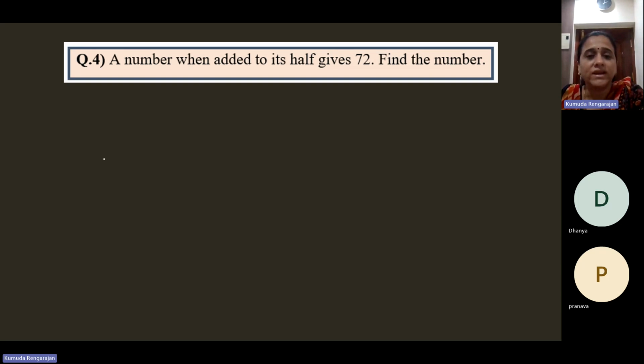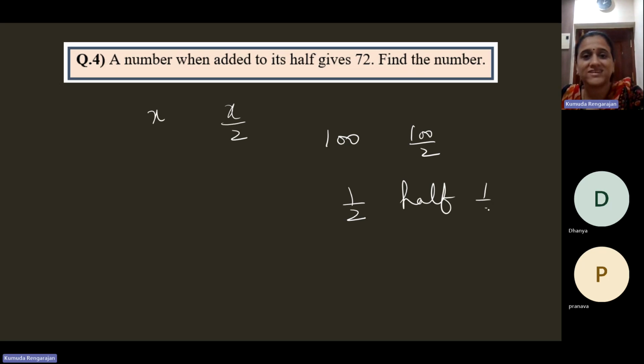A number when added to its half. So if the number is x, its half is x by 2. See, if the number is 100, its half is 100 by 2, 50. Half is different. Its half is not half.